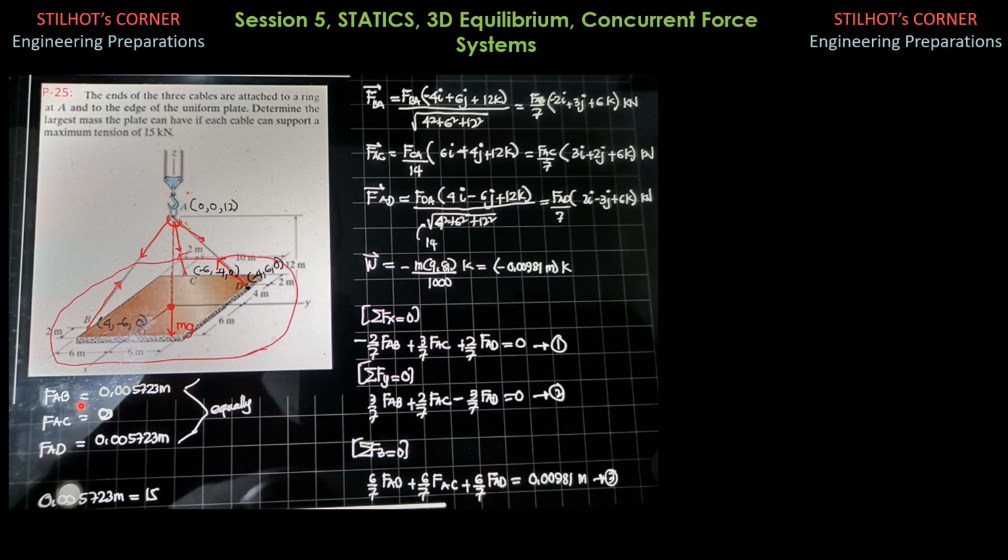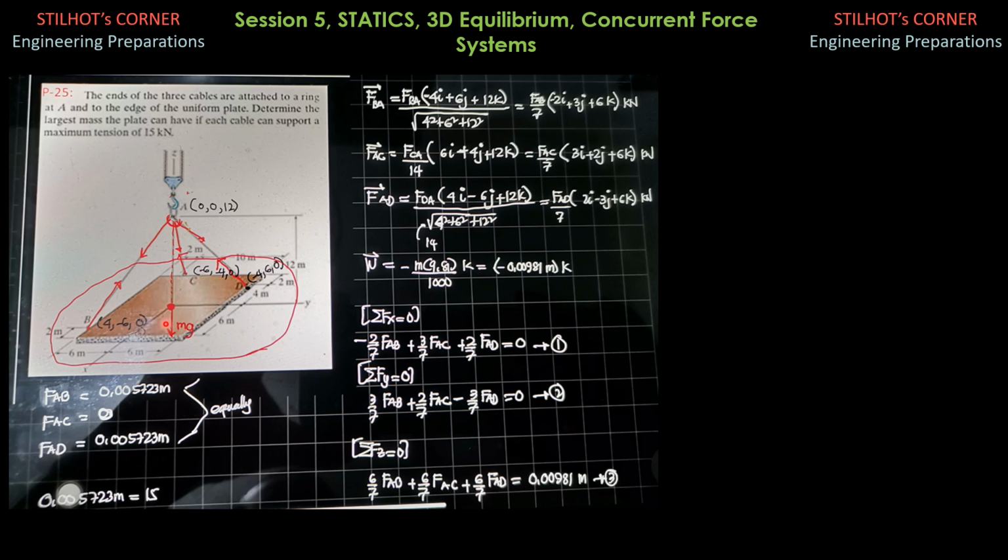Solving using your calculator, we have FAB equals 0.005723 m, FAC equals 0, FAD equals 0.005723 m, and that means both AB and AD are equally in tension.